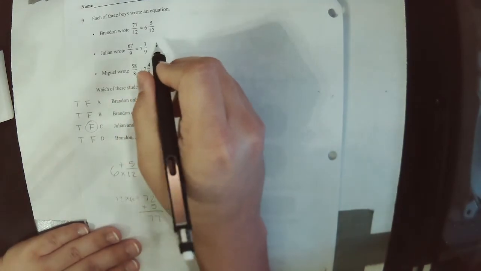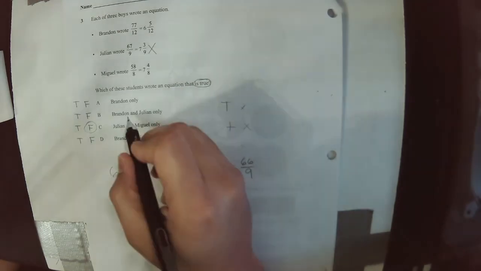We know that Julian is wrong. Are there any answer choices that say Julian? If the answer choice says that Julian is right, then we know that we can get rid of that too. Christopher? B. Answer choice B says Julian. So we know that that's false.